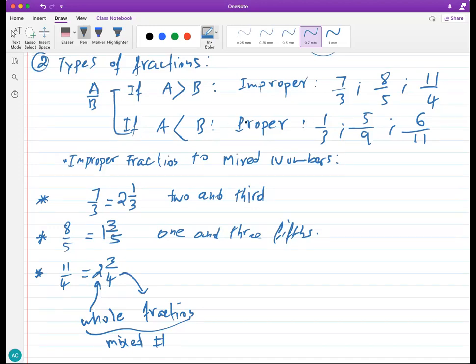The other type, the proper ones, cannot be turned into a mixed number. For this very reason, because the denominator doesn't go into the numerator. So 3 does not go into 1. 9 does not go into 5. In other words, you could say 3 goes into 1 0 times.